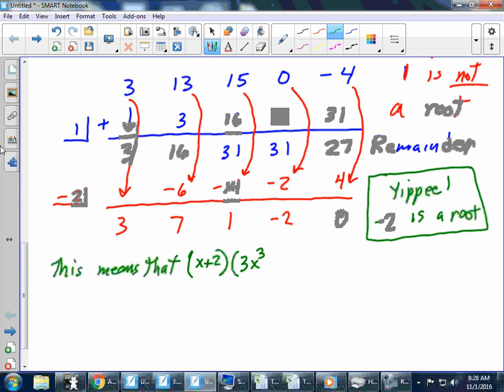Cubed. We started with a quartic, so we take a linear times a cube. x to the first times x cubed gives us our x to the fourth. So 3x cubed plus, what's the next part?